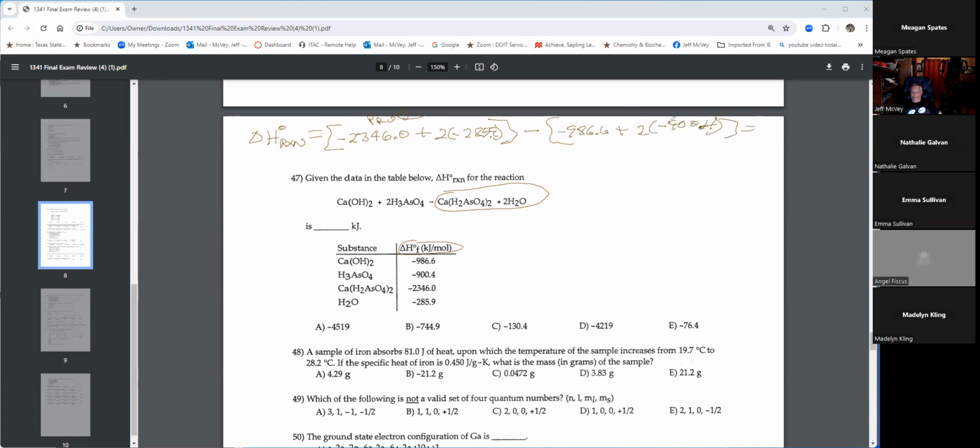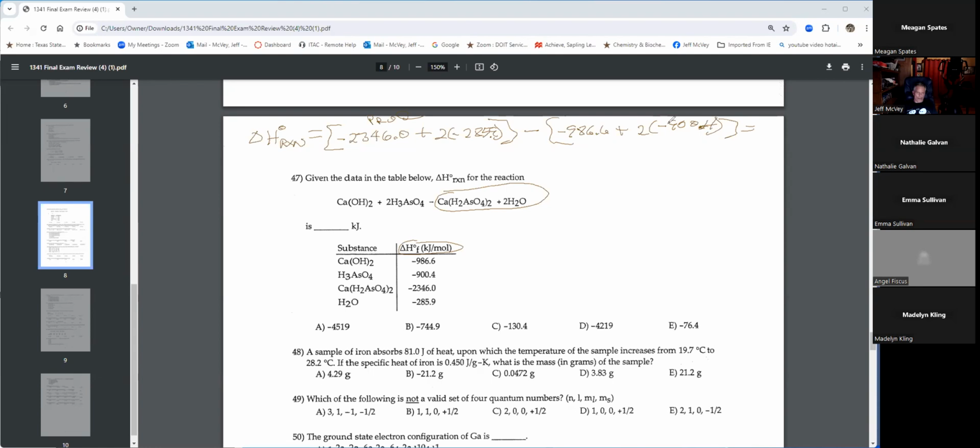All right. So that's just products minus reactants. So it's going to be minus 2346 plus 2 times a minus 285.9, minus, and I'm going to use parentheses on this because I don't trust myself on changing signs.